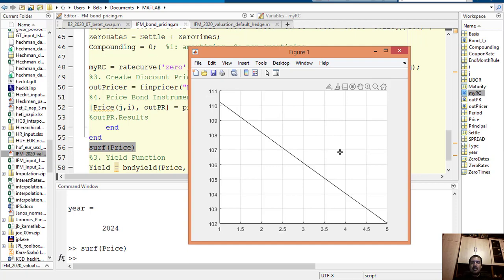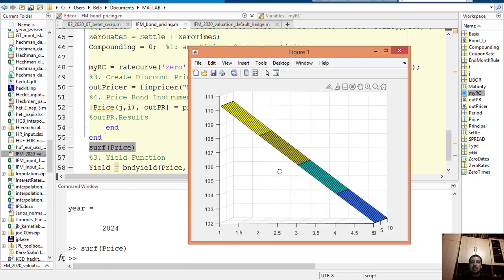So we can't find any nonlinear functions. As time passes, it doesn't matter what the underlying LIBOR rate is. They are completely independent of that. So the price decreases. That's all.